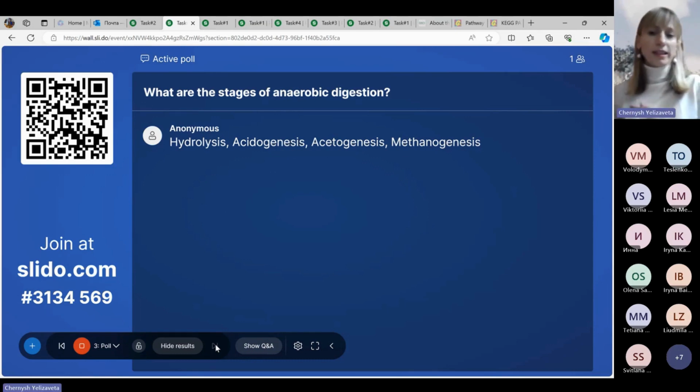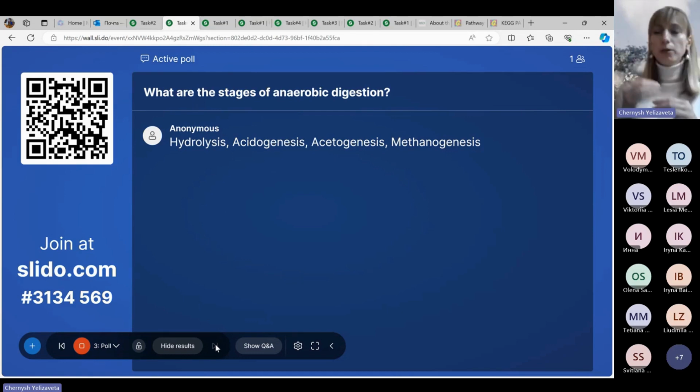It's the most important stage for getting very good quality biogas, because methane is the most important energy resource. Okay, so we identified these stages of anaerobic digestion. Maybe someone wants to edit this. And every one of these stages involves different groups of microorganisms.